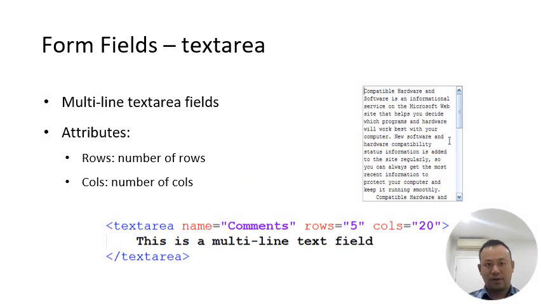We can also add many lines in the textarea field. A textarea element in HTML is used to create a multi-line text input field. It allows users to input larger amounts of text than a one-line text input field.